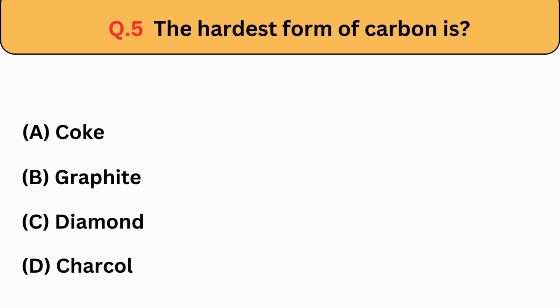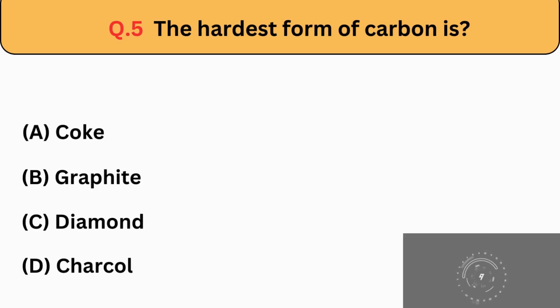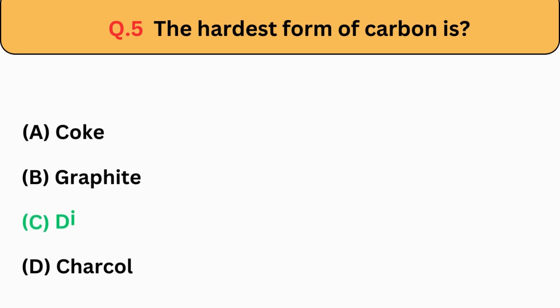The hardest form of carbon is. Option C, diamond.